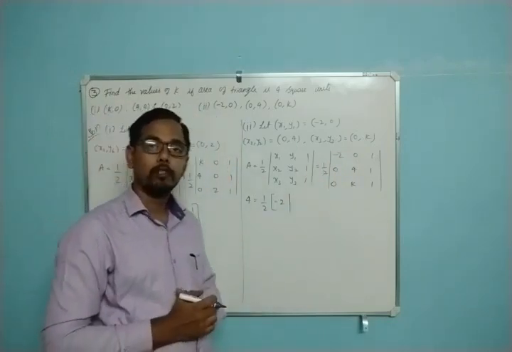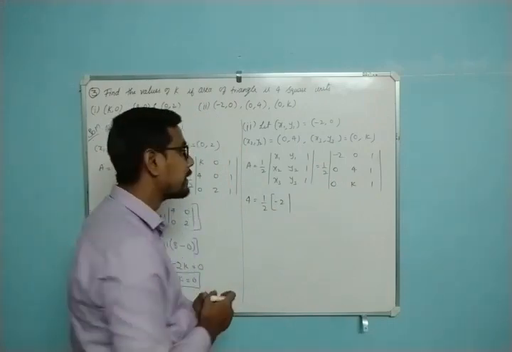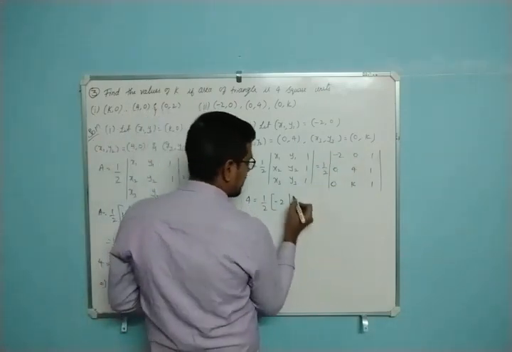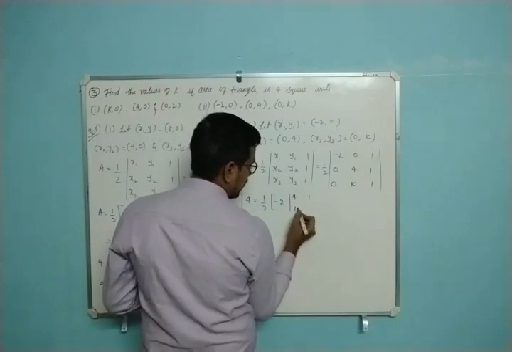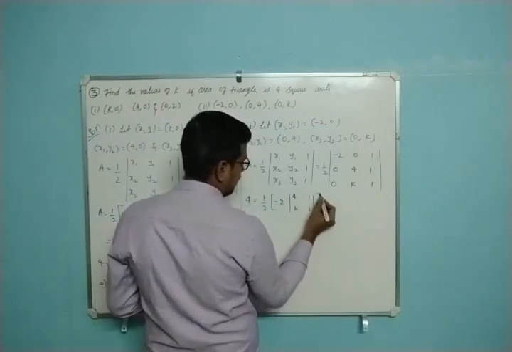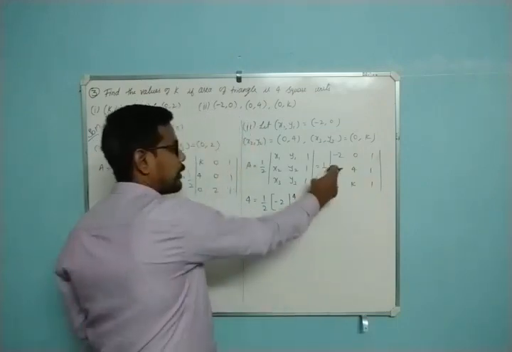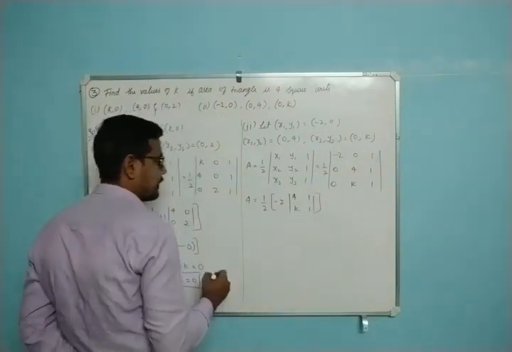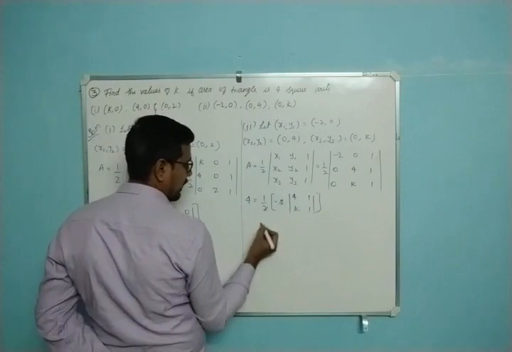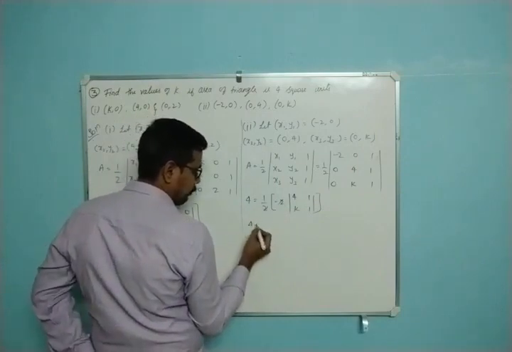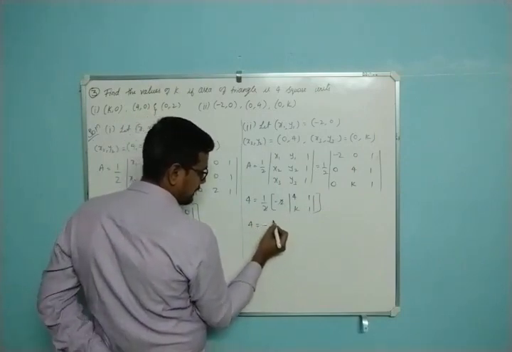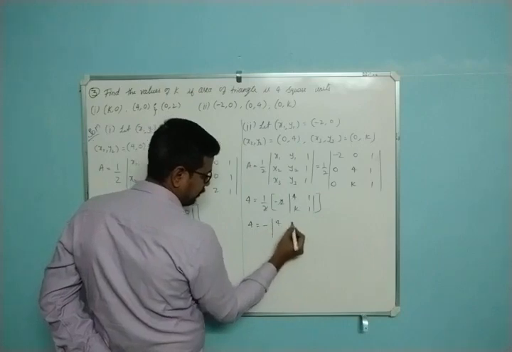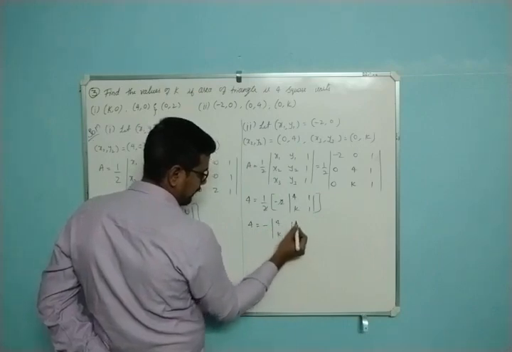What will remain? 4, 1, k, 1. Plus 0 and 0: 0 into anything is 0, so forget about that. So 2 and 2 cancel. So 4 is equal to minus the determinant 4, 1, k, 1.